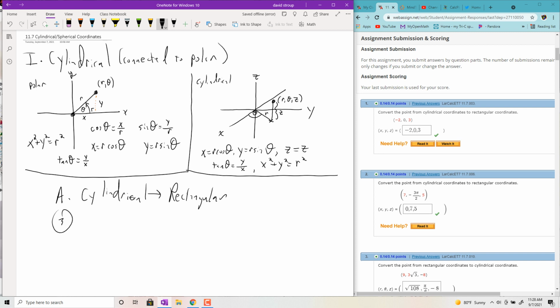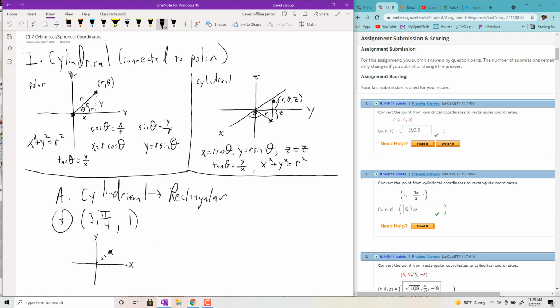You can always do a small sketch to make sure you're on the right track if you want. In the xy plane, 3 comma pi over 4, here's pi over 4, and then you're going out 3 units on that arm, so you should be in the first quadrant. So that's sometimes a helpful guide.